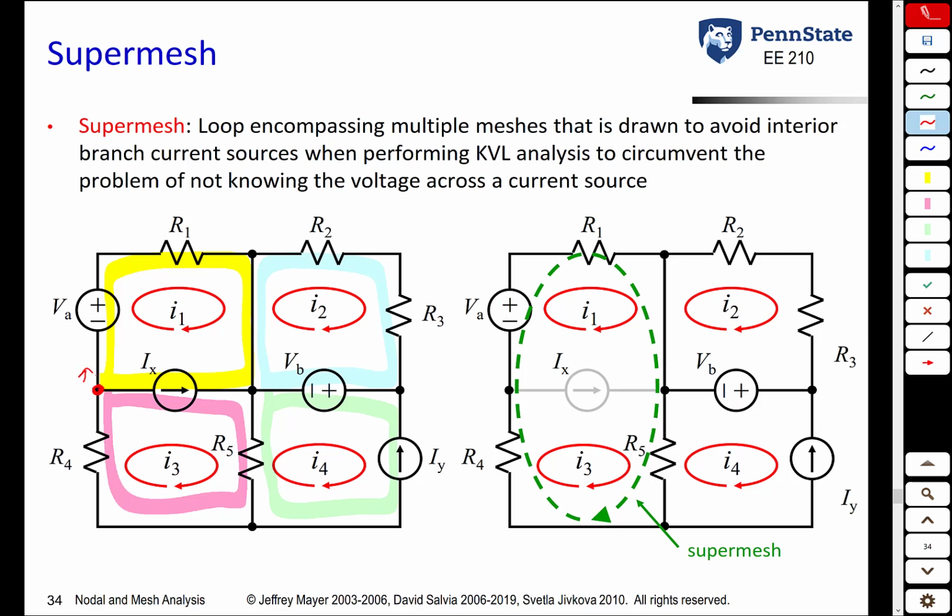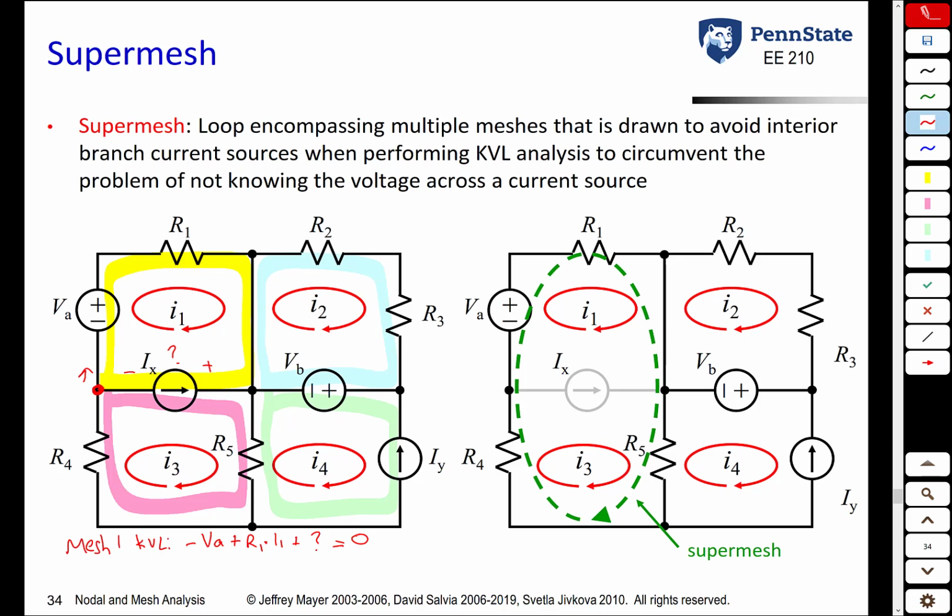So if you do mesh 1 KVL, you hit a voltage source first, you know that, it's negative VA. The voltage across R1 is easy, it's R1 times I1. But what happens when you try to get to the current source? You do not know the voltage across it. You don't have a way you could express the voltage across that current source. So it's plus question mark equals 0.